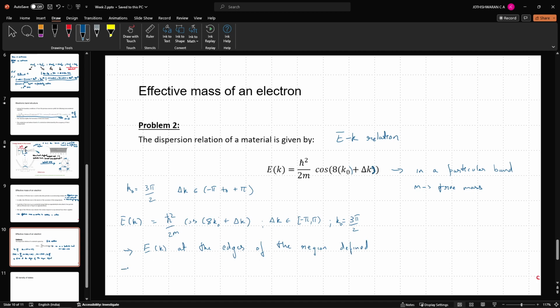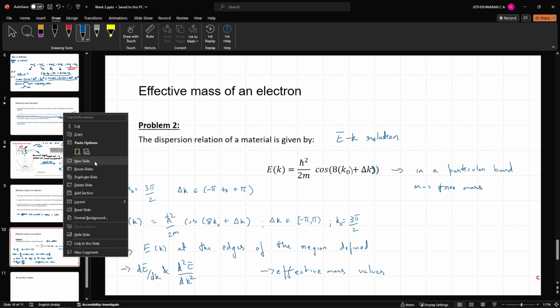And then we shall find out dE by dk and d squared E by dk squared. We shall find these two quantities and then we shall look at the effective mass values. So these are the three things that we shall do in this exercise. So starting a new slide.